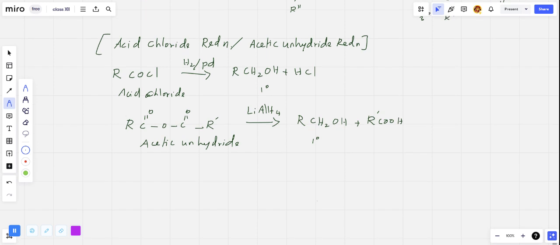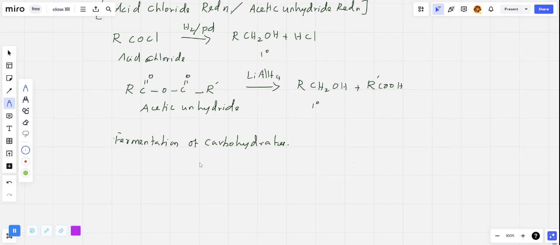And one more reaction, which is not in your book, the fermentation of carbohydrates. Everybody knows this one. I think this reaction is given at the back side. Fermentation of carbohydrates gives alcohol.